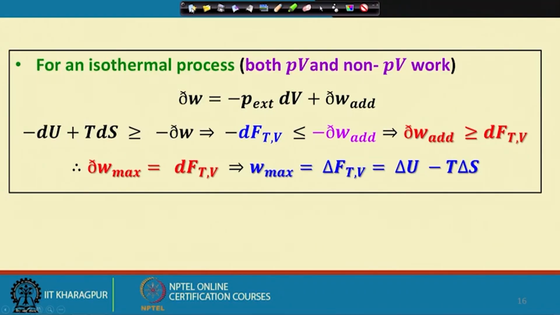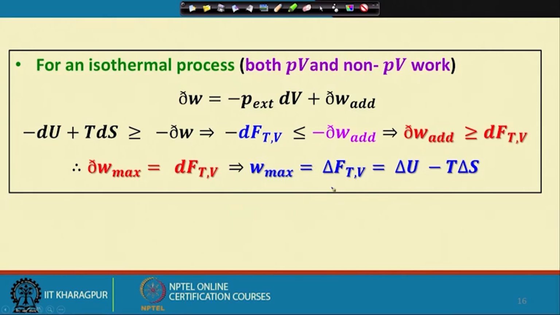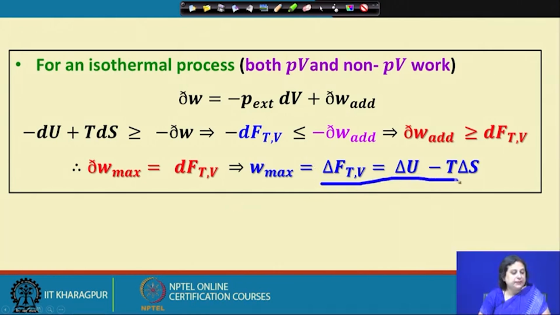And further, if you have both PV and non-PV work, even if you are carrying out an isothermal and isochoric process, you will be able to show very easily that the maximum work that can be extracted from the system is related to the decrease in Helmholtz free energy under such condition.